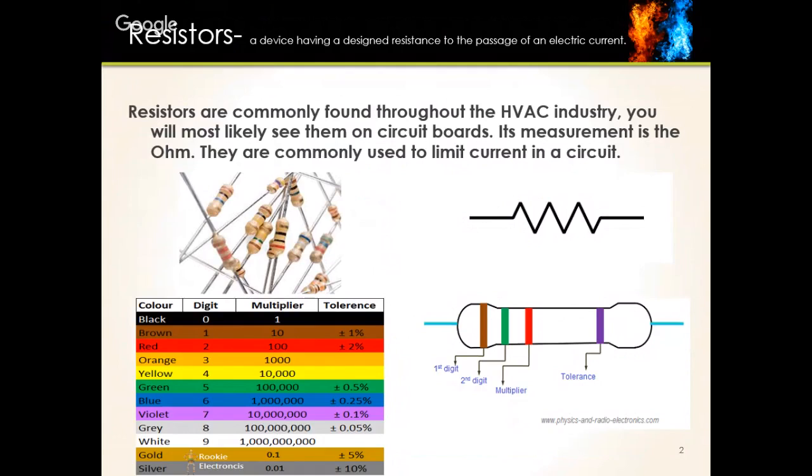So we can have 15.1, 0.00 whatever 1% of 15 is. So it's going to be fairly accurate, but not super accurate. That's all the color code is, a way for us to be able to look at a resistor and identify what the value is. That's what I want you guys to take away from this.